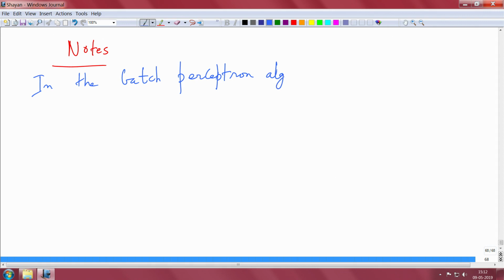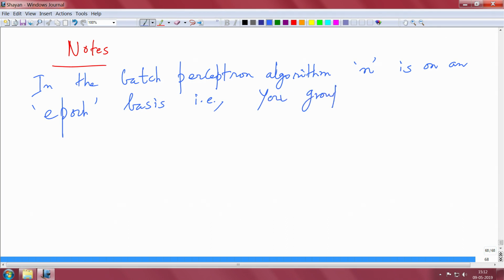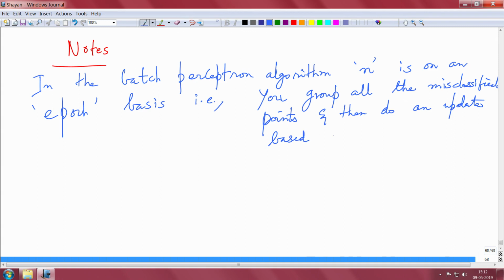In the batch perceptron algorithm, n is on an epoch basis, that is, you group all the misclassified points and then do an update based on a gradient of the cost.